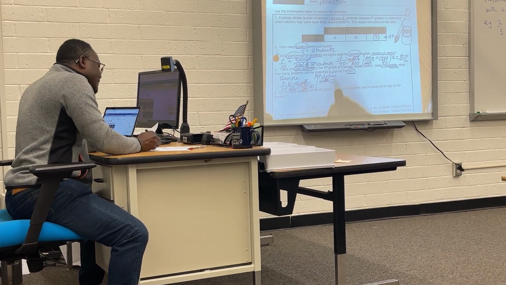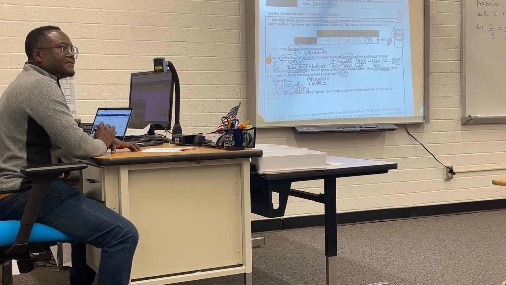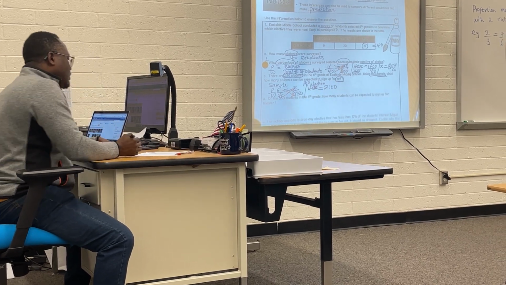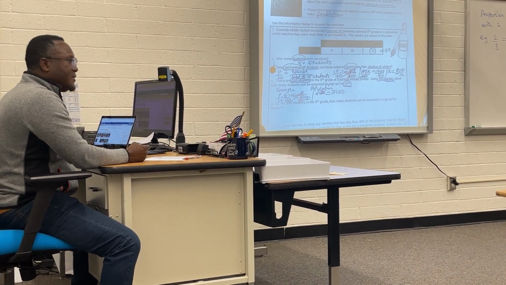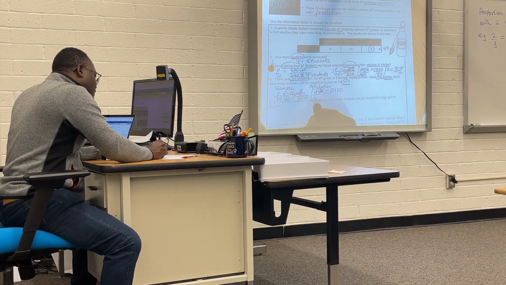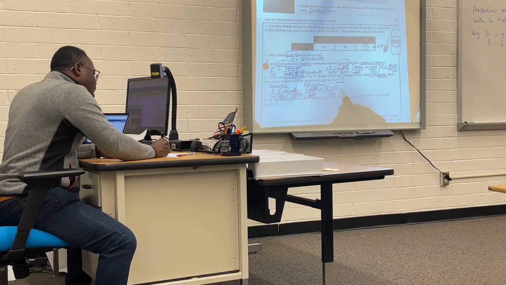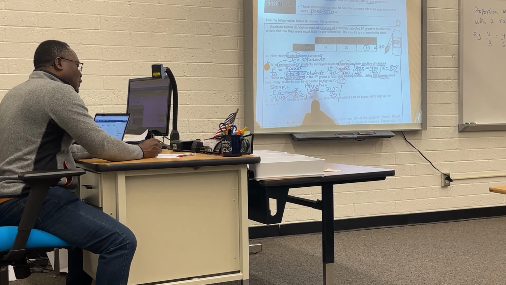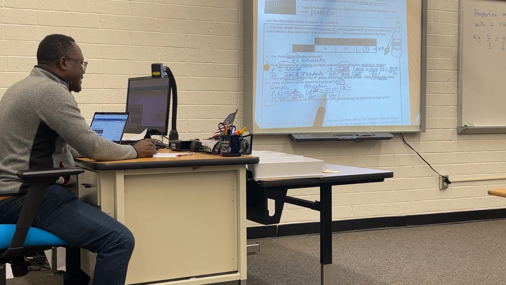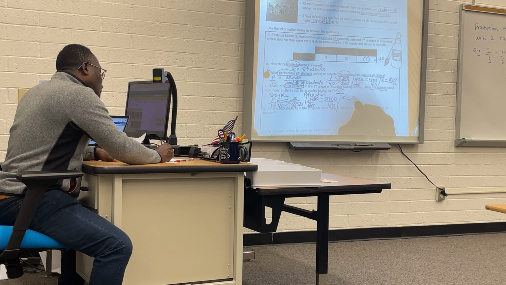Then it's equal to 6 times 350, which is 2,100. So how do I find my x? Divide both sides by 40. So 40 will cancel itself, leaving the x alone. Now divide 2,100 by 40. You get 52.5.